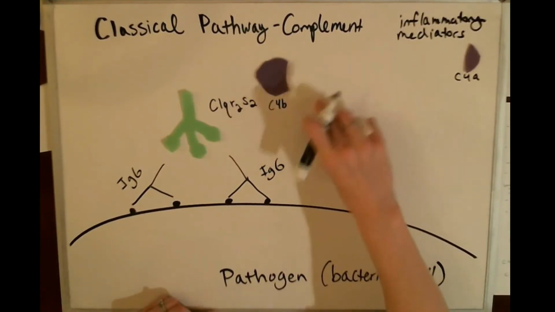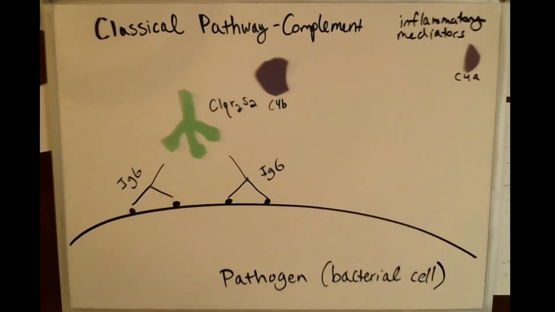Inflammatory mediators are small proteins that help increase the diameter of blood vessels. They bind to endothelial cells lining the blood vessel walls, and they cause blood vessels to dilate. What that allows is for immune cells to infiltrate the site of infection, and it basically increases the amount of inflammation that's occurring during a response.